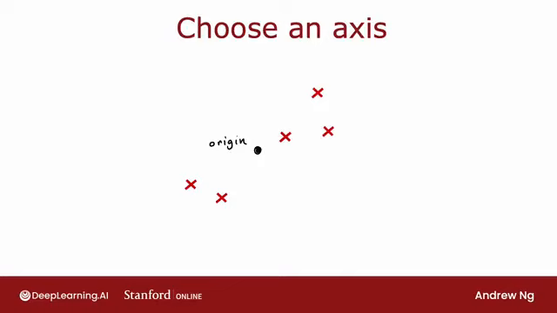If we were to choose this axis to be our new z-axis, which is actually the same as the x1 axis just for this example, then for this example we're going to capture this coordinate on the z-axis. And for the second example, we'll capture this value, and so on for all 5 examples.